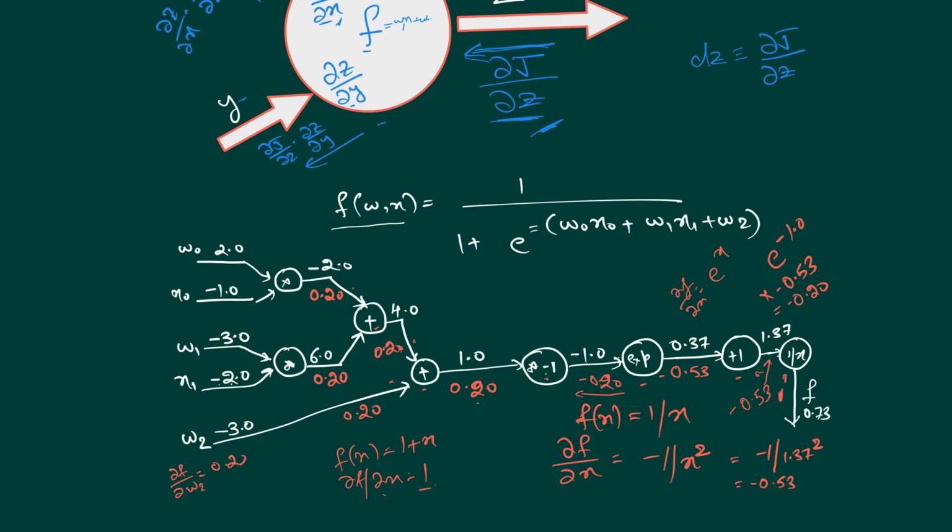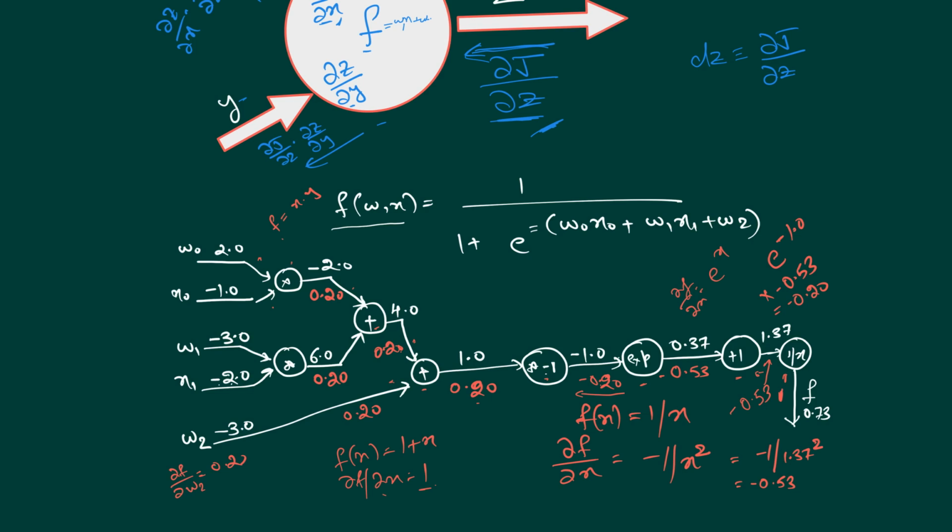Now, if we look at the last multiplicative gate, let's say if this is x, this is y, then the function is equal to x multiplied by y, right?